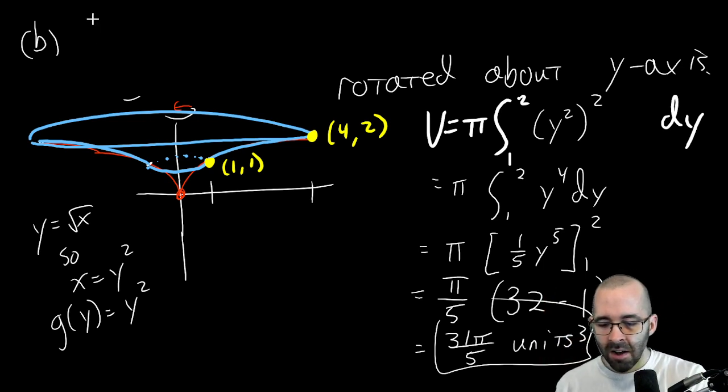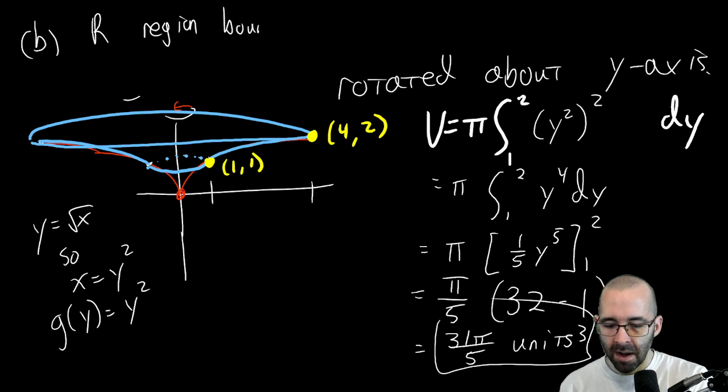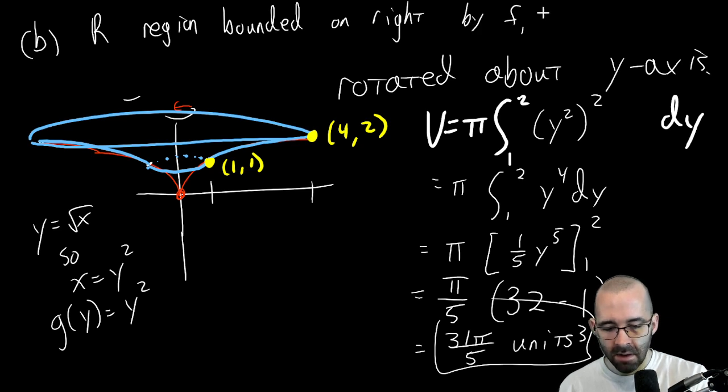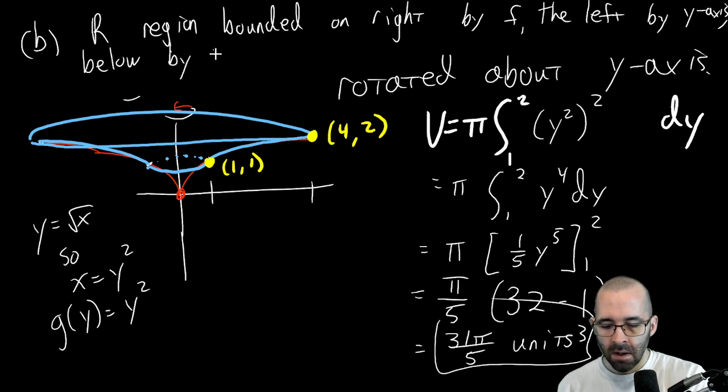Let me just say where R is a region bounded to the right by F, on the left by the y-axis, below by y equals 1, and above by y equals 2.